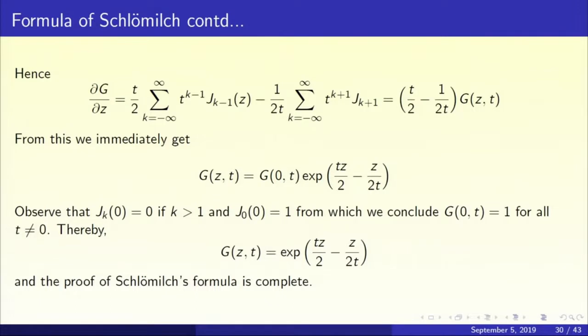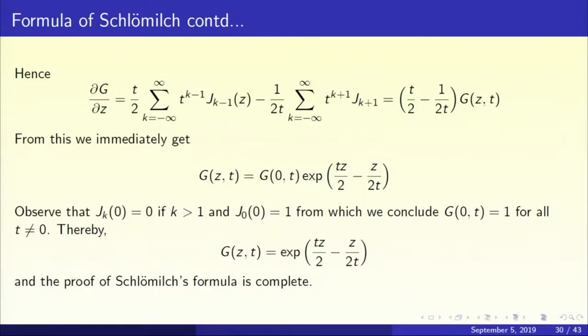Each of the two individual series is again g(z,t). So g(z,t) is a common factor and we get t/2 minus 1/(2t). So we get the differential equation ∂g/∂z equals (t/2 − 1/(2t)) g(z,t).